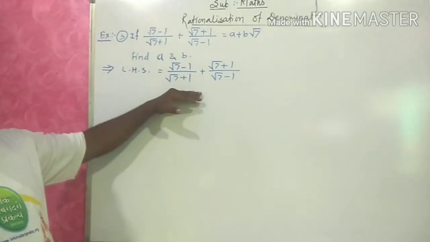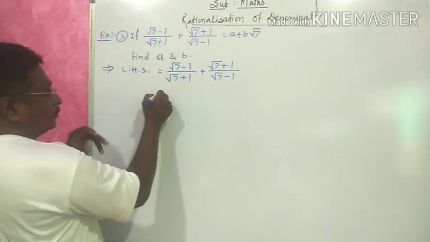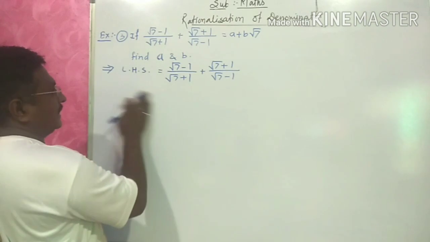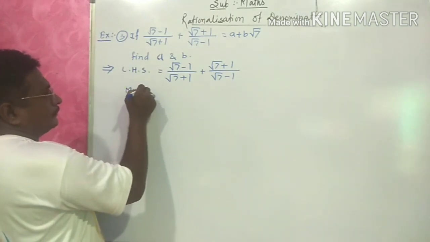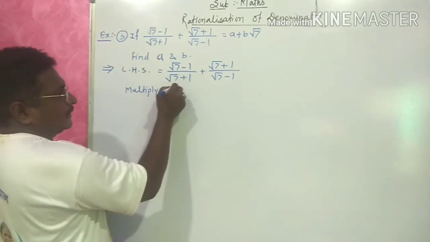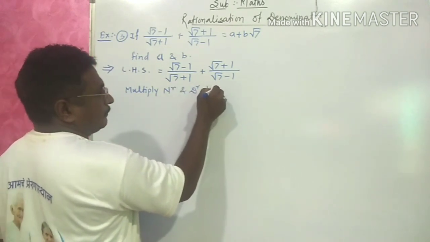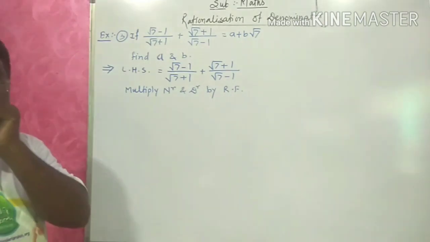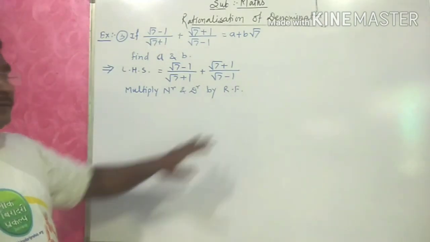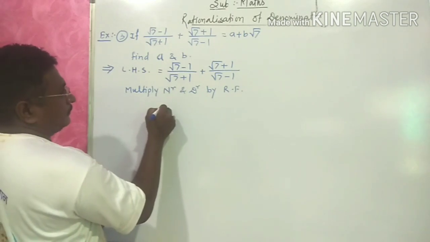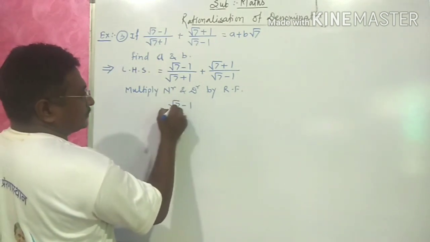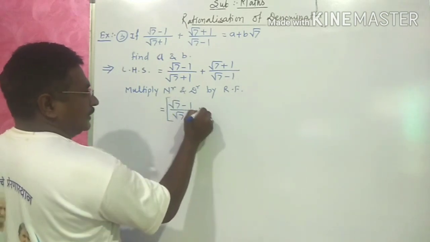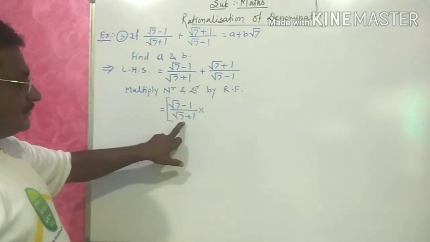Now simplify this. So here two terms are there, so two rationalizing factors will come. So what is that? Multiply numerator and denominator by rationalizing factor. RF means what? Rationalizing factor. So what will come? Root 7 minus 1 by root 7 plus 1 into, what is the rationalizing factor of this?